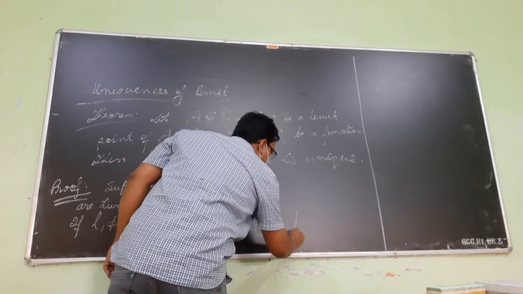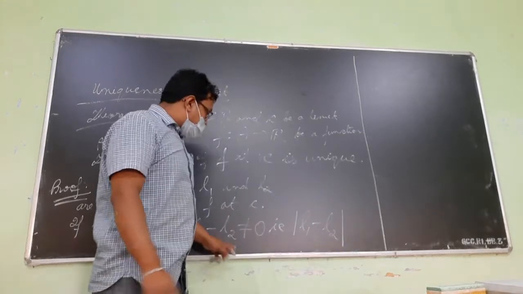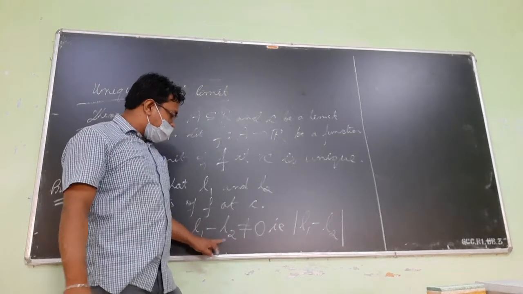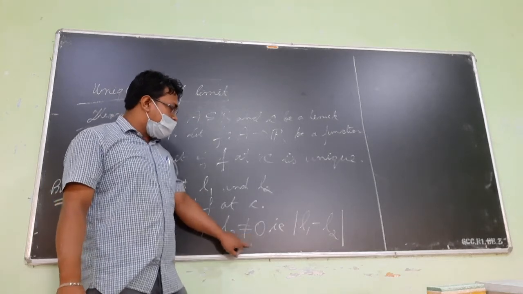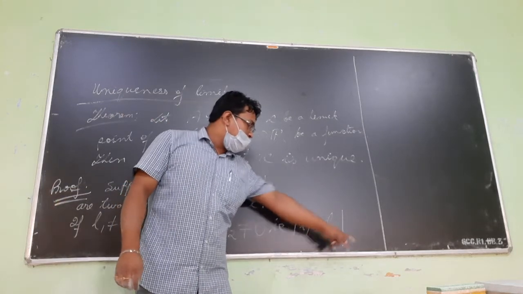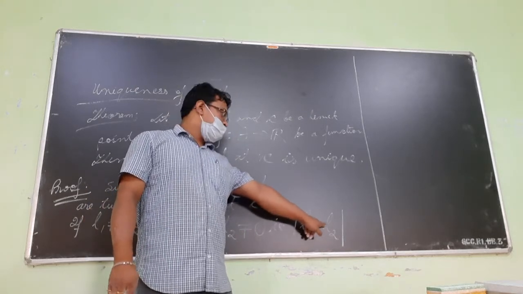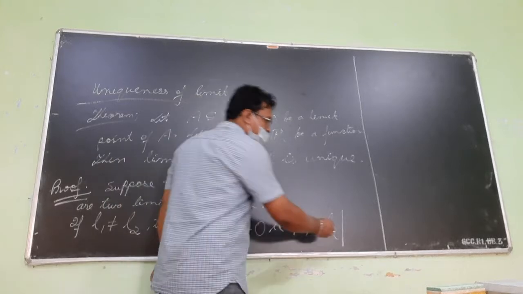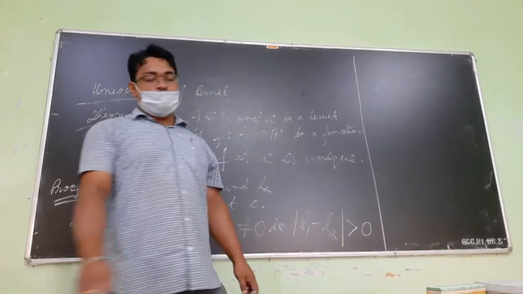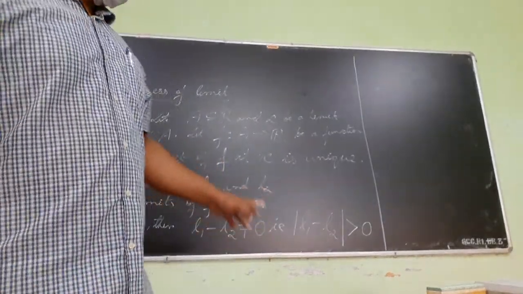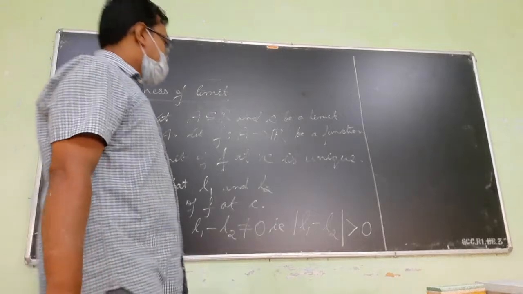That is, mod of L1 minus L2. So what can you say about mod of L1 minus L2? If L1 minus L2 is non-zero, what is mod of L1 minus L2? Greater than 0, strictly greater than 0. If L1 minus L2 is non-zero, then modulus of that will be positive, greater than 0.